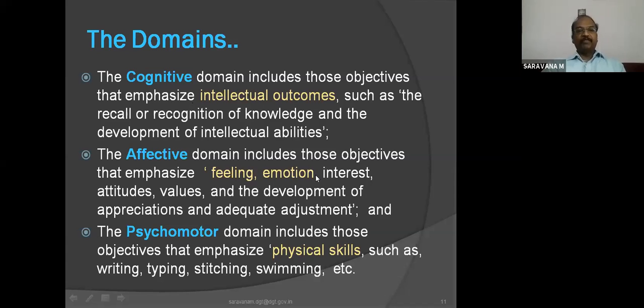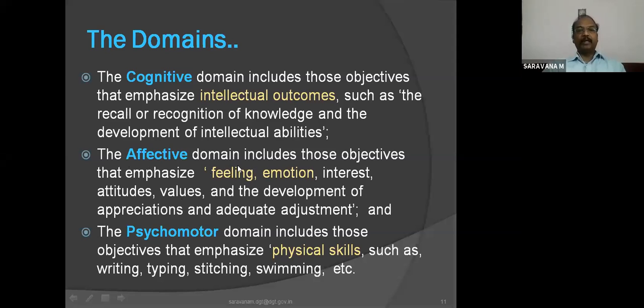And affective domain. The affective domain includes those objectives that emphasize feeling, emotion, interest, attitudes, values, and the development of appreciation and adequate adjustment. So, affective domain is related to feeling and emotional aspects, interest or attitude or value. These are all very important terms for the individual development.